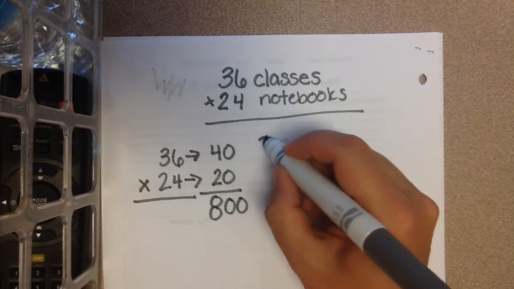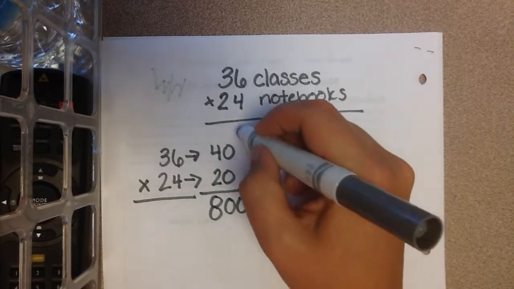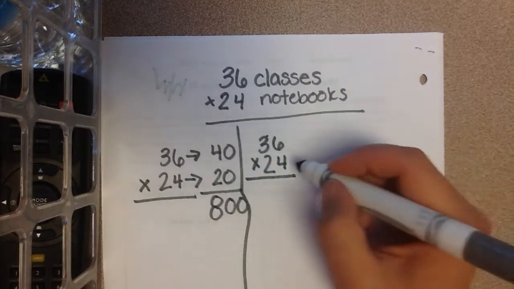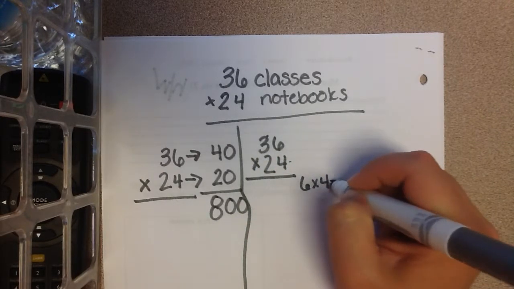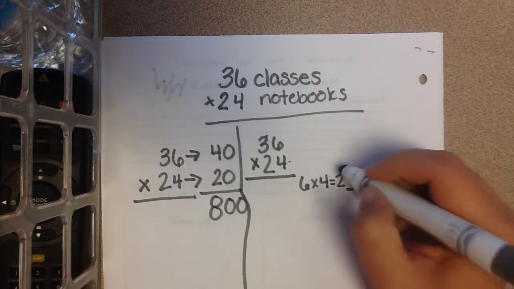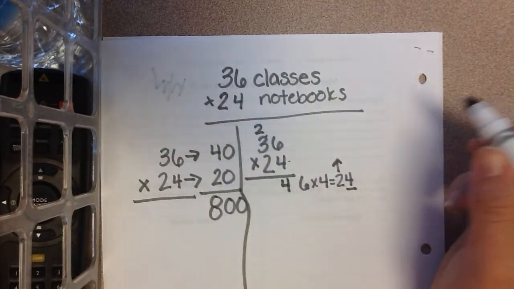So now I'm going to do my work of actually multiplying. Kind of section off this answer so my problems don't run into each other. Yep, I'm going to do my 6 times 4. I get 24. 4 gets written, 2 goes up. 2 I carry.